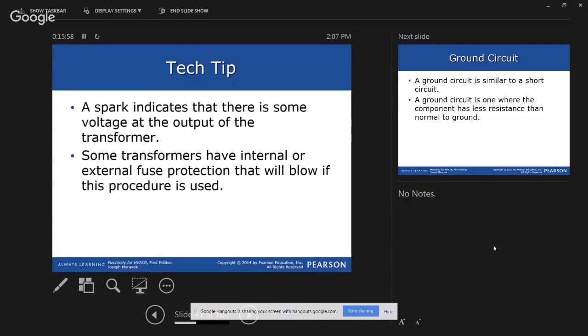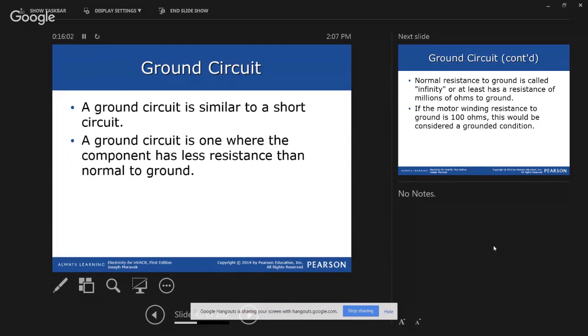Okay, ground check. A ground circuit is similar to a short circuit. A ground circuit is one where the component has less resistance than normal to ground. In the motor world, motors ground out. It happens. It's very similar to when a motor shorts out.